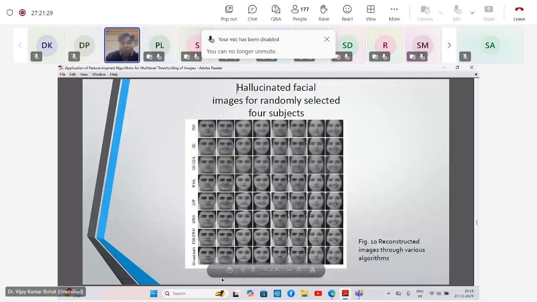In this diagram, the last row is the ground truth, that is the original high resolution image, and different algorithms like PSO, differential evolutionary algorithm, gravitational search, GWO. All these algorithms have created the faces, and we can easily observe that the best algorithm in this category is a GWO-based variant, which almost finds the best weights, and with the help of those best weights, we are able to come up with an image very close to the original high resolution image.